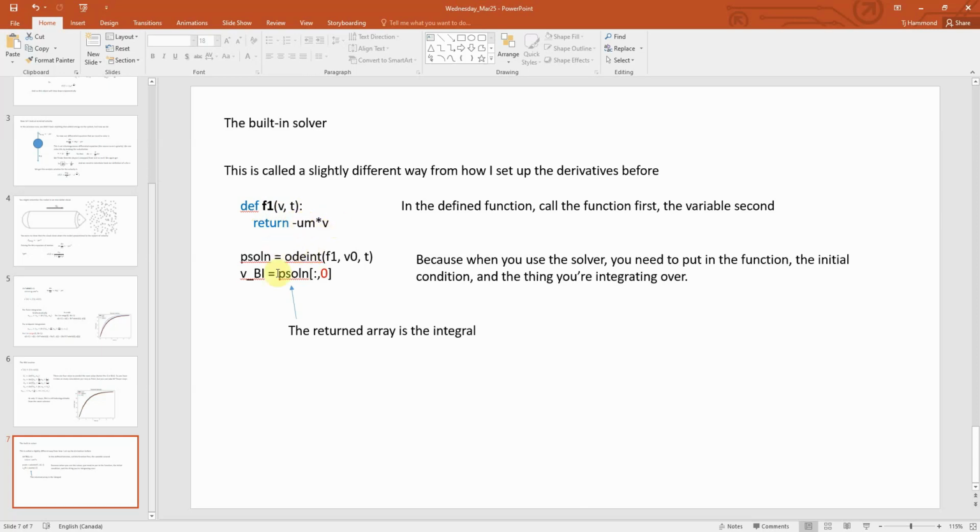And now when you want to solve it, you call some solved function, and you call it with ODEint. This is the built-in solver routine, and you call your function with that. The ODE solver expects the function, then your initial conditions, and then your variables, and later on I'll be talking about what happens if you want to pass in parameters.